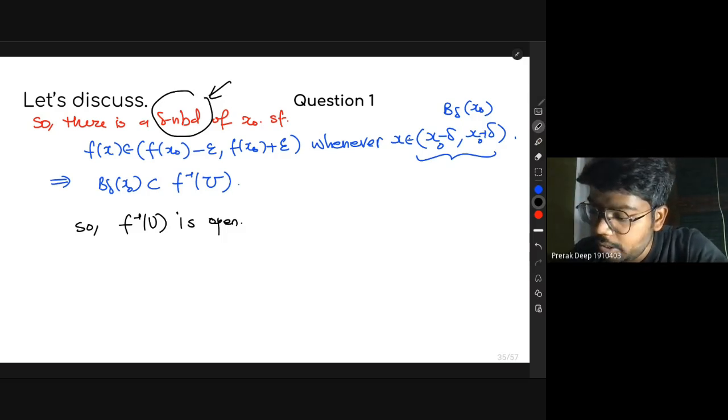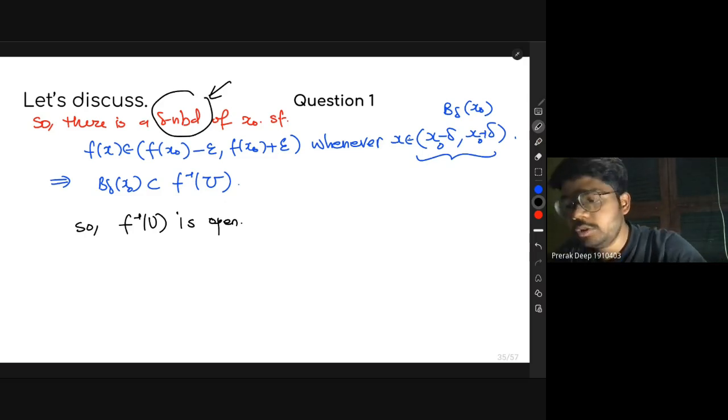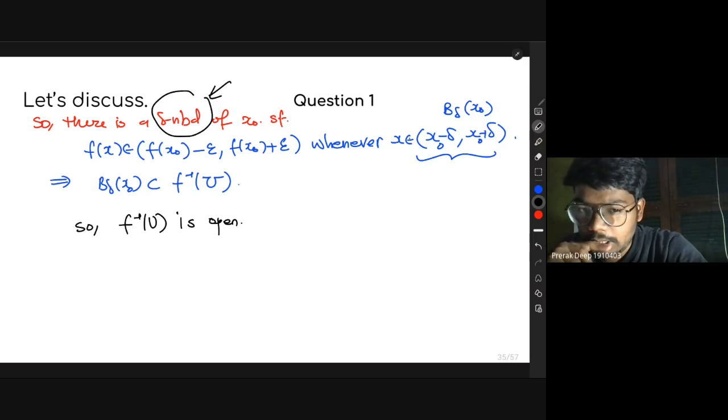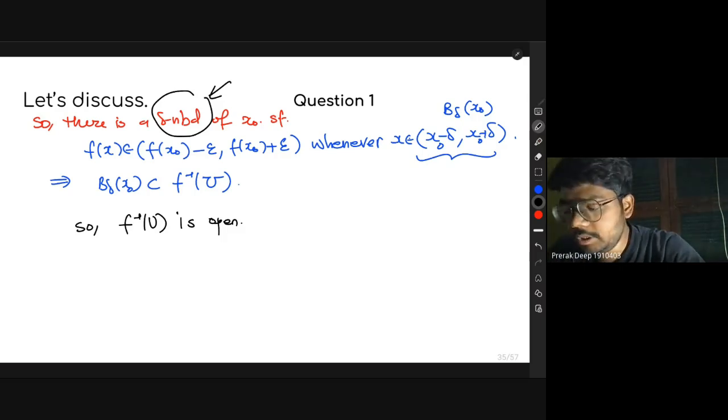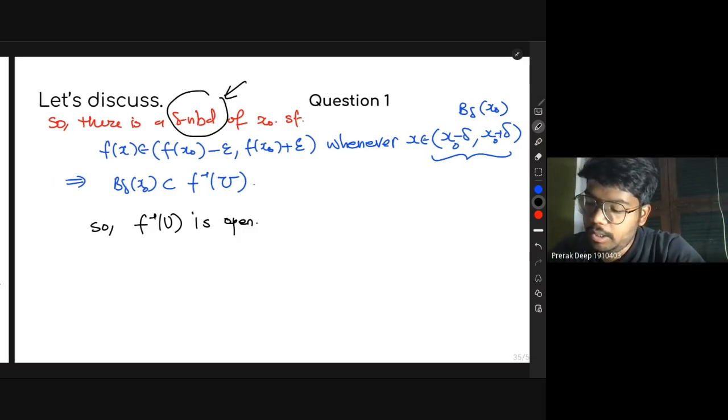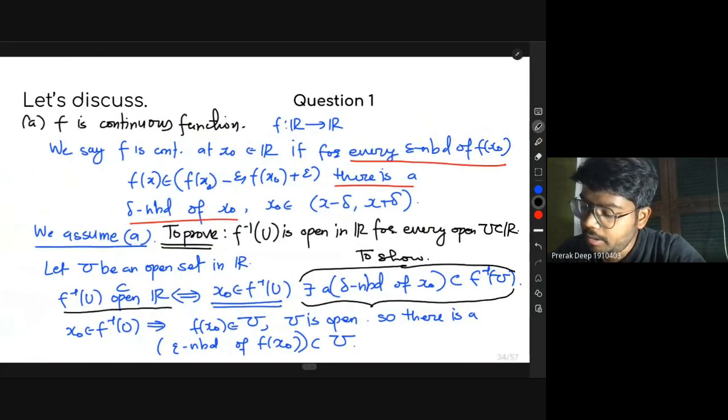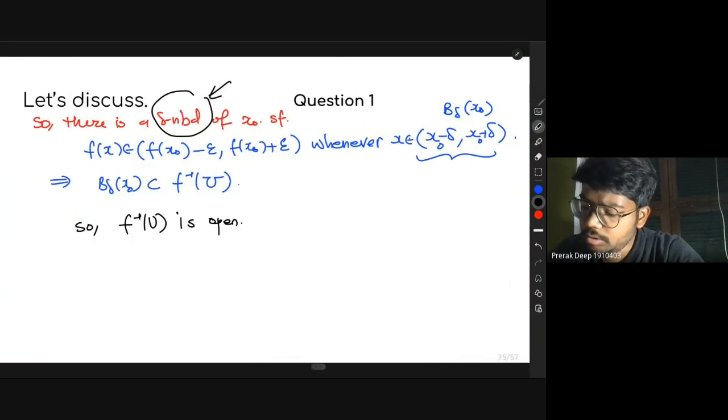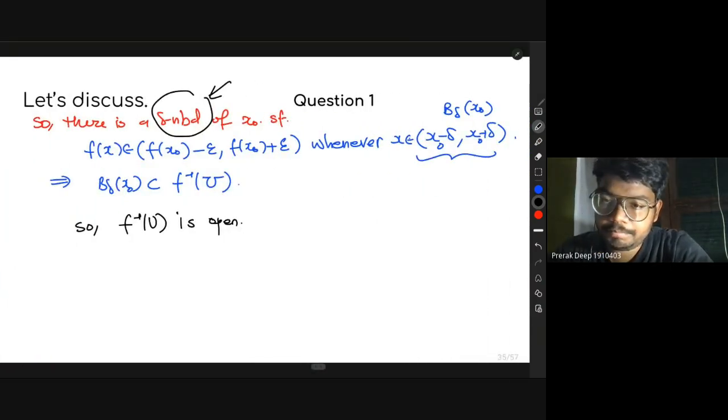Because if you take any point in this delta neighborhood and apply f on it, it belongs to the epsilon neighborhood of f(x naught), which is contained inside u. And since my x naught was arbitrarily chosen, f inverse of u is open.